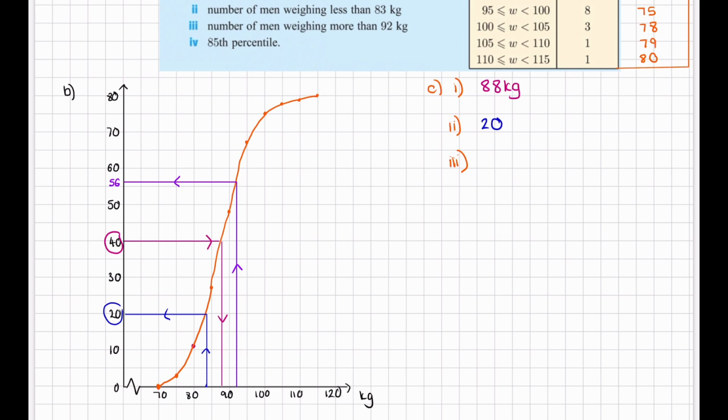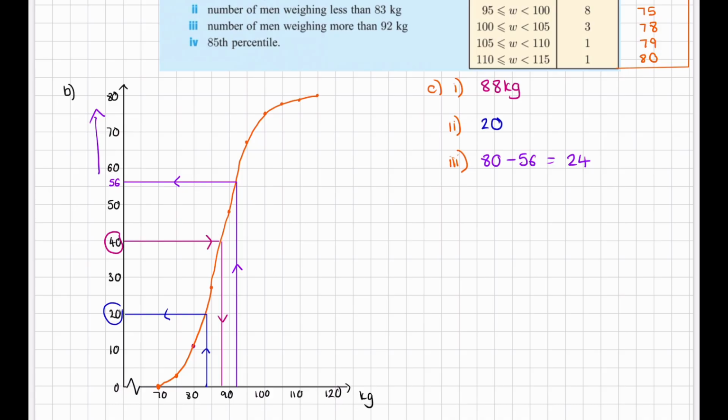But with this question, what's the number of men weighing more than 92? So at 56, that's how many people weigh less than 92 kilos. But we want how many are above the 56. Now we have 80 in total, so we just need to do 80 minus the 56, which gives us 24. So we'll be estimating that 24 people weigh more than 92 kilos.